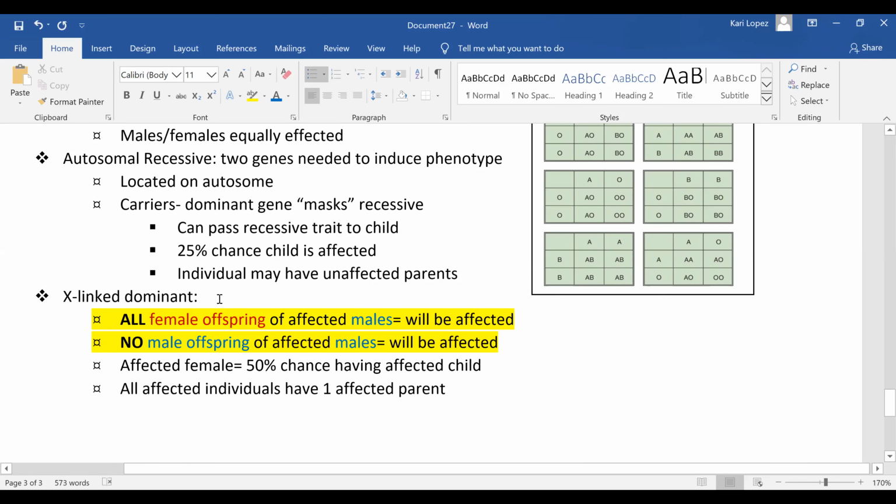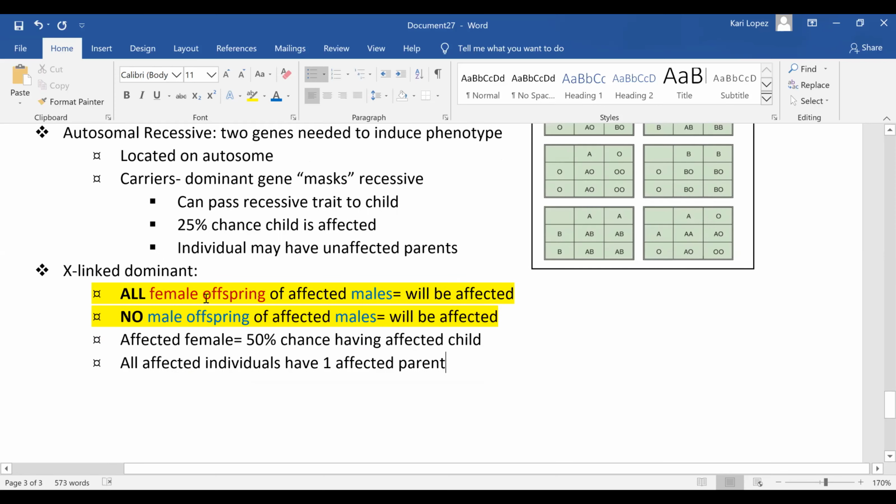So whenever you're talking about dominant, you know that you have one parent that is visibly showing the trait. And then we have X-linked recessive.